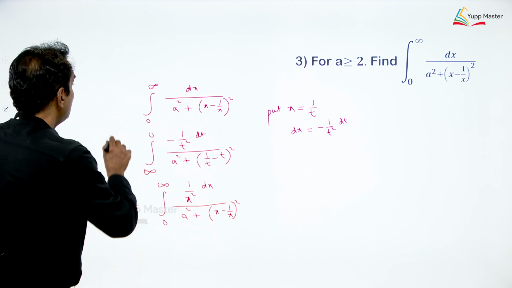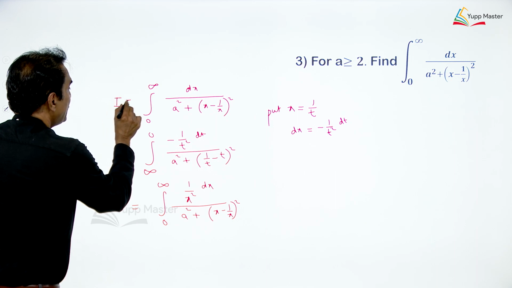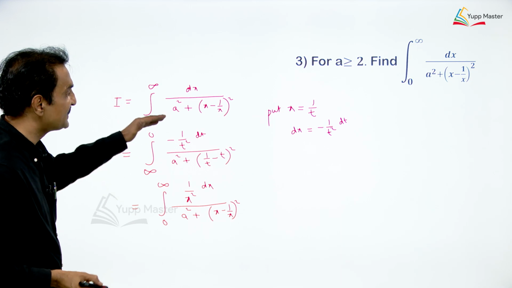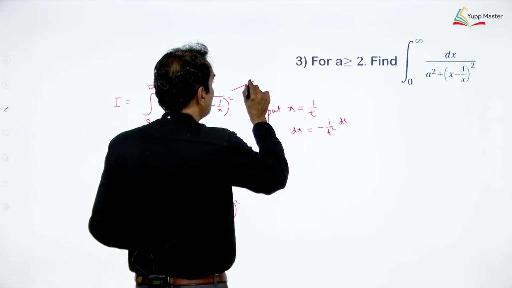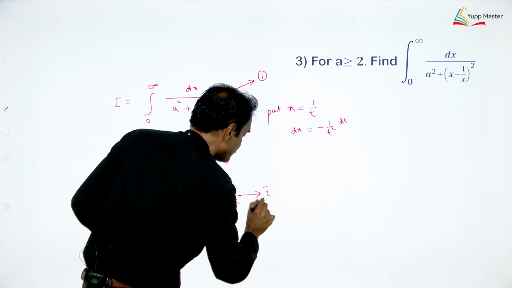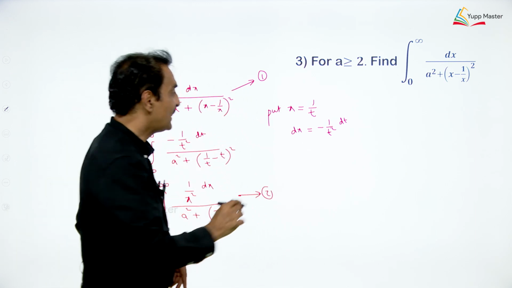Now, let this integral be I, then this is also I. Adding this and this, this is 1, this is 2, adding 1 and 2.